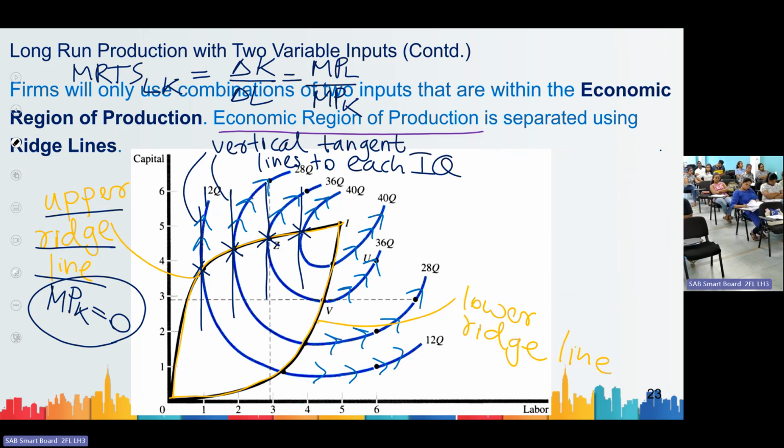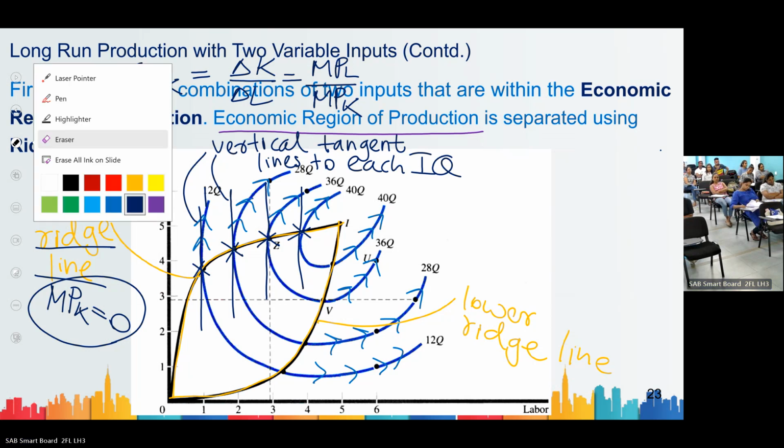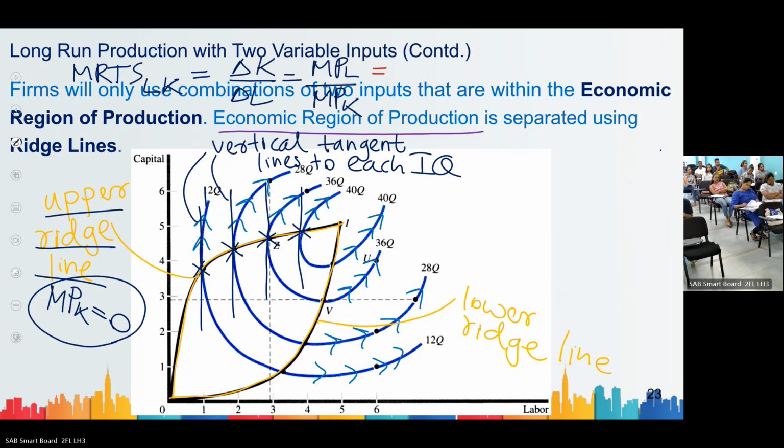Okay, let's think about the lower ridge line. We draw the lower ridge line by combining the points where MPL is 0. Marginal product of labor is 0. 0 divided by any value of MPK. What is the answer? 0.